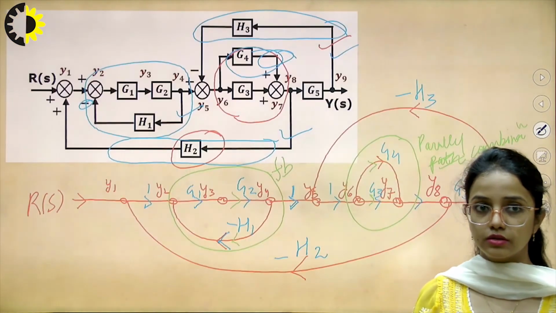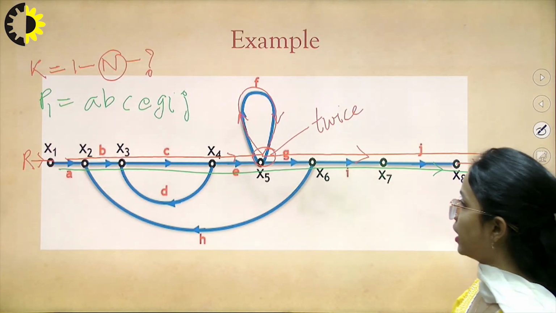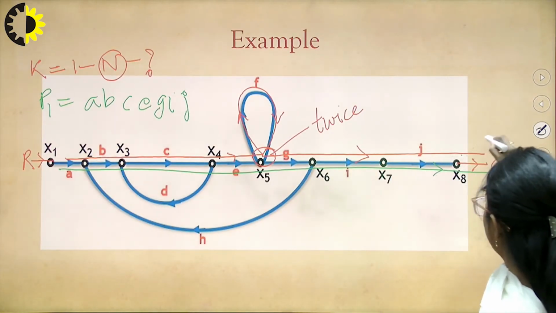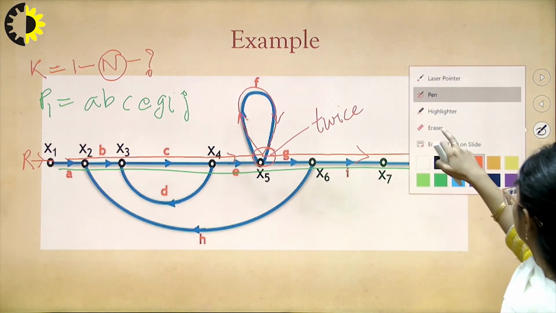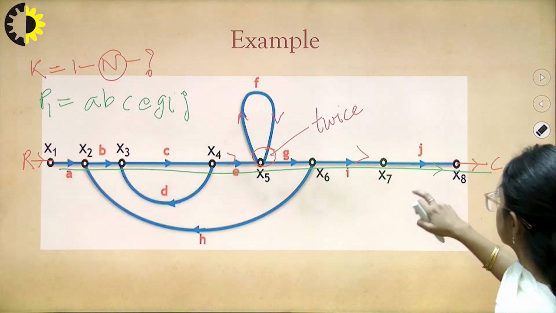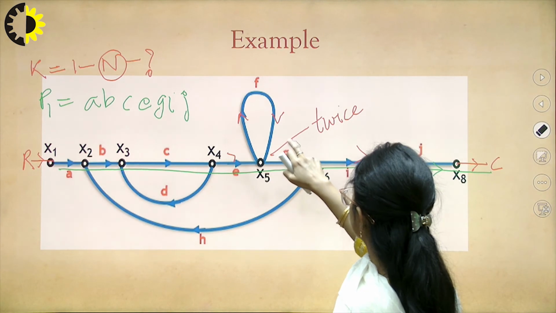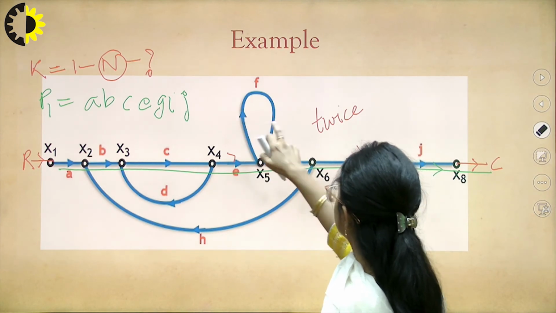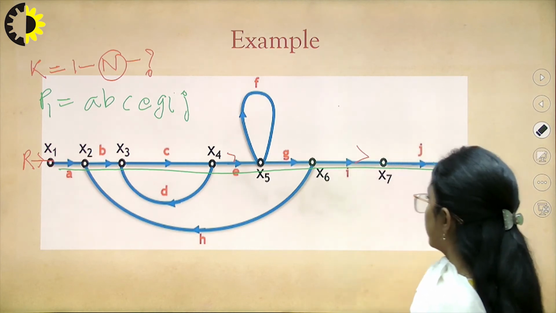So this particular path, which is represented with this red line, is not a valid path, so we will not consider this one. So that one we will not consider. So we have only one path.